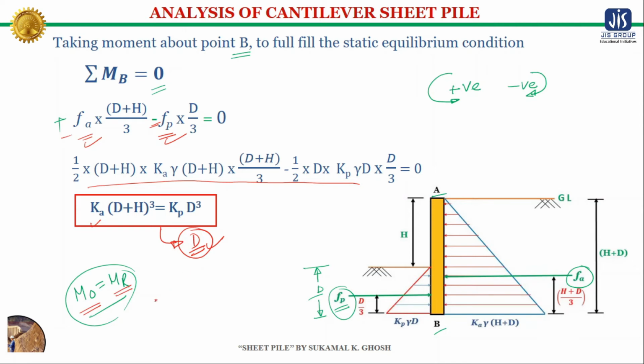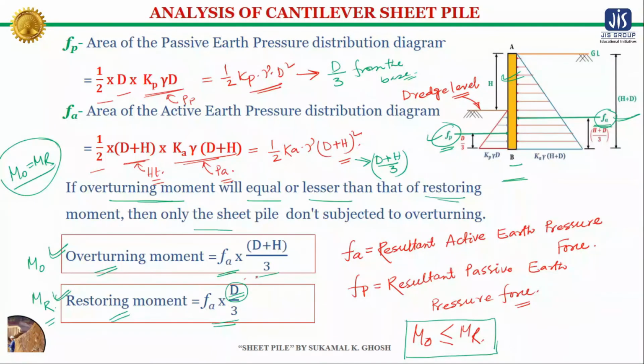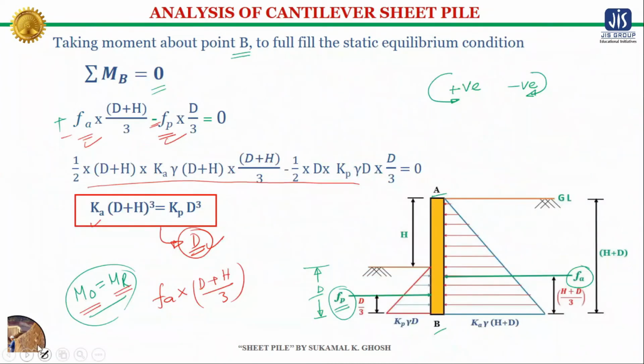Our overturning moment was Fa into d plus h by 3, and our restoring moment will be Fp into d by 3.